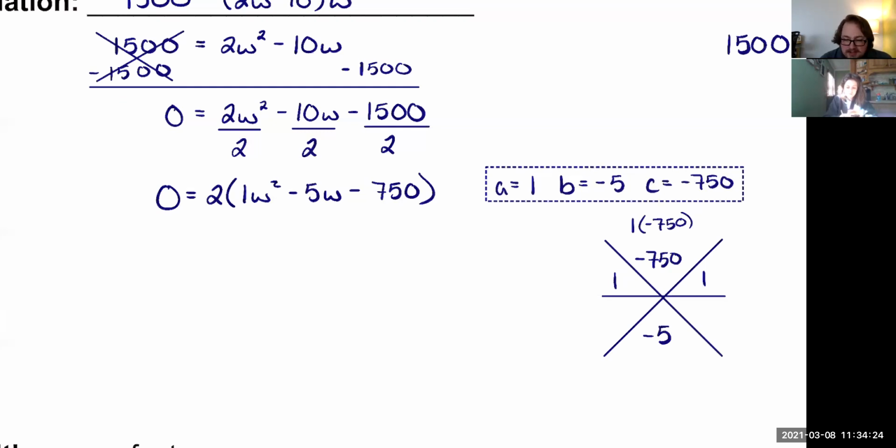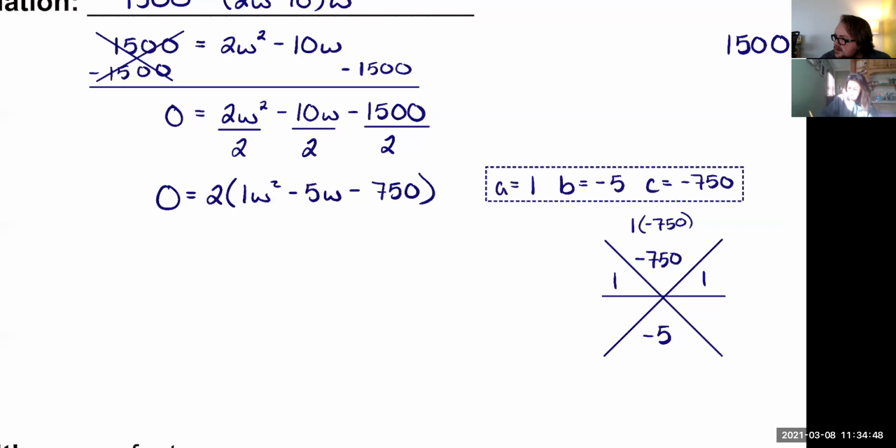I would suggest sticking with multiples of 5 because I think, if I recall, what's 750 divided by 25? 6? 25 times 6?